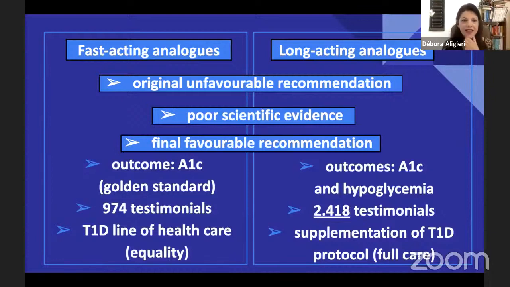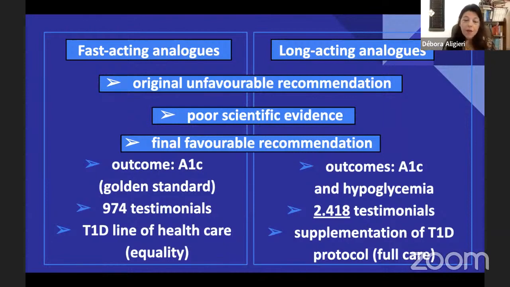We could make it. The fast-acting analogs were incorporated into the health system, so we could guarantee the insulin for all, because before only people with legal action could access the insulin.